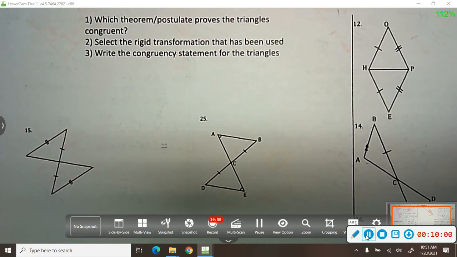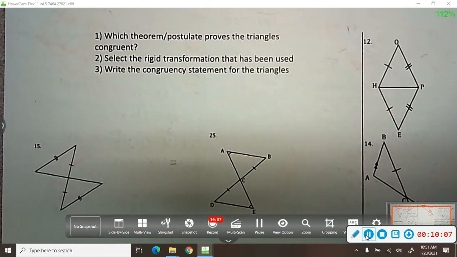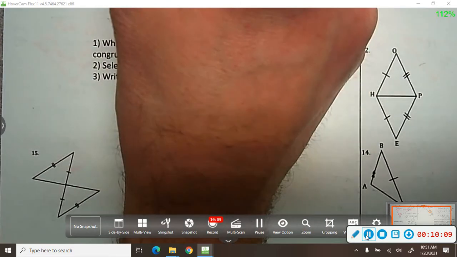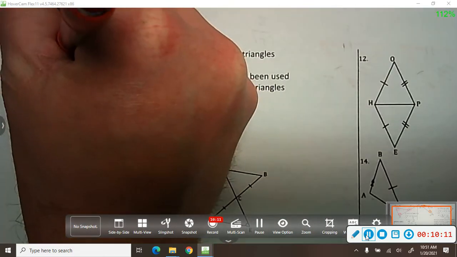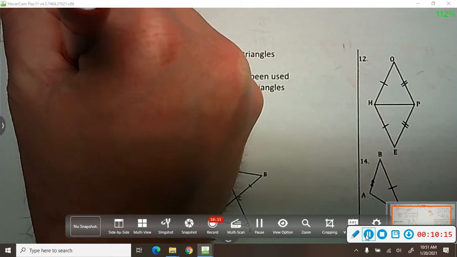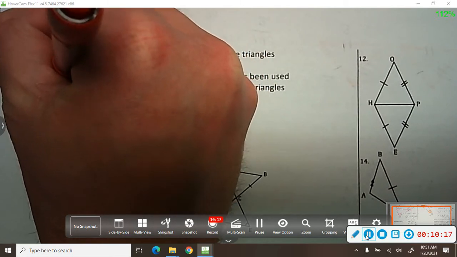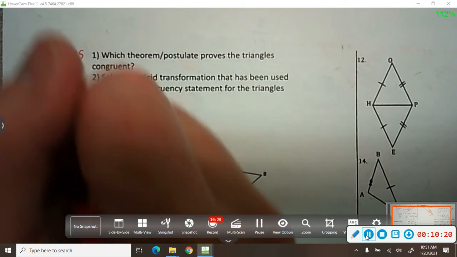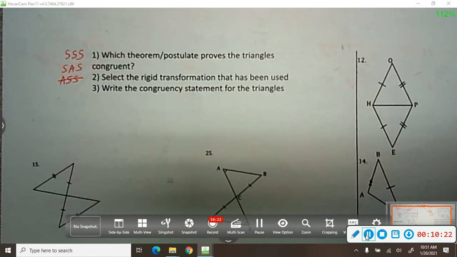Alright, so which theorem or postulate proves the triangle is congruent? Remember, the possible theorems and postulates that we could pick from are SSS, SAS, ASS, which actually does not work, and it's easy to remember.